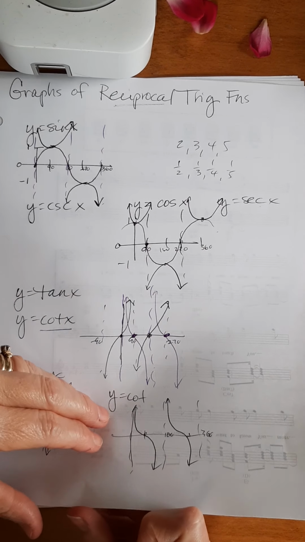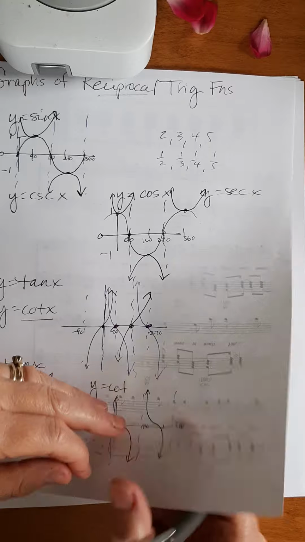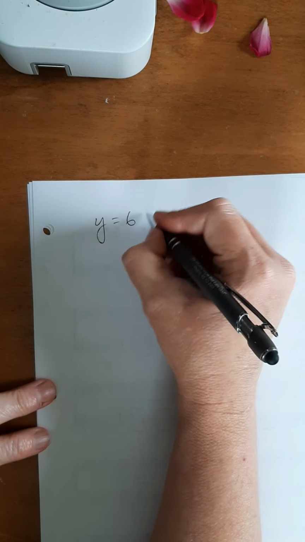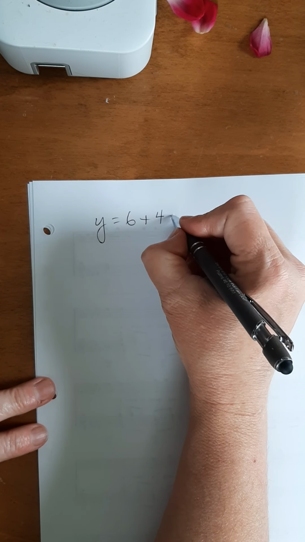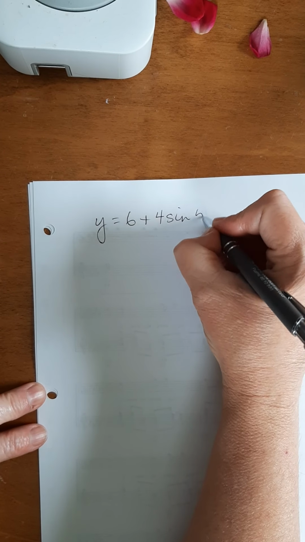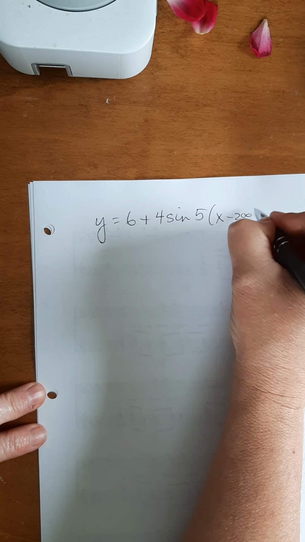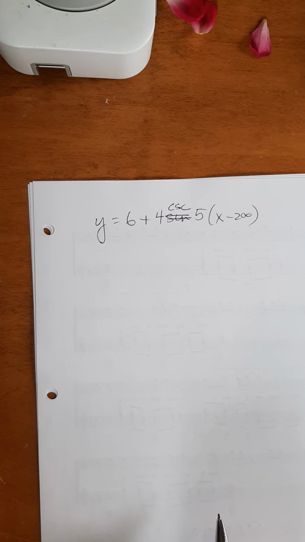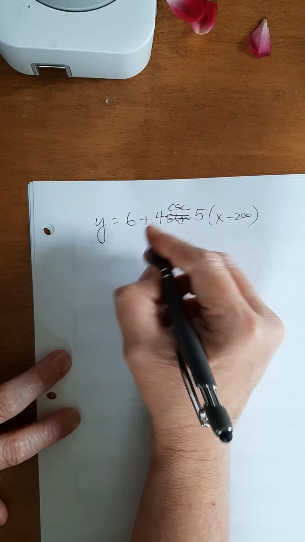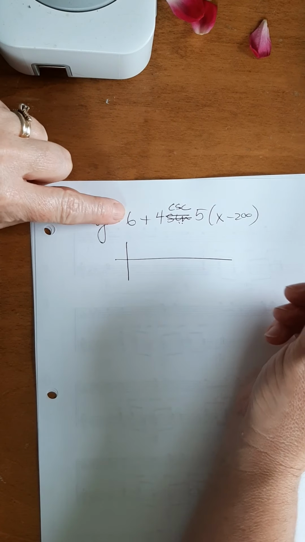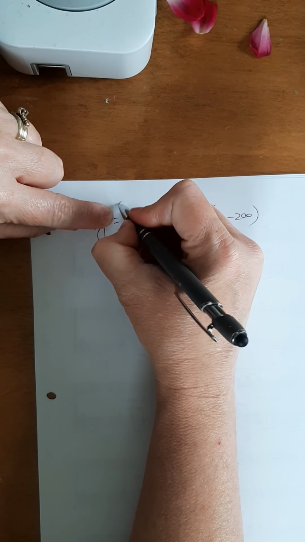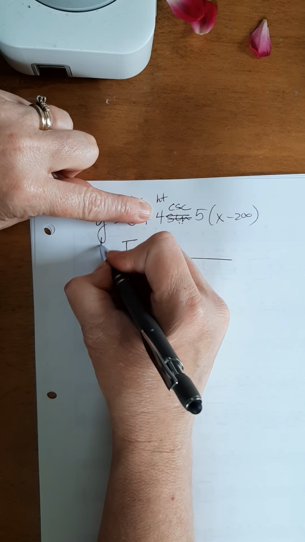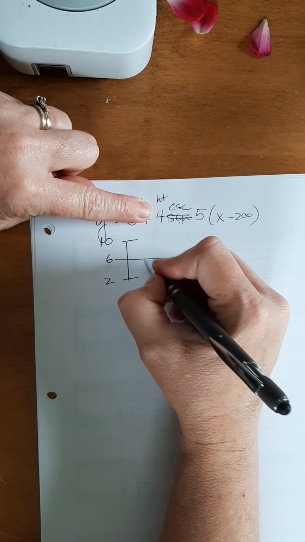Let's say you wanted to do a funky one like we were doing on sine and cosine, let's say it was 6 plus 4 sine of 5x minus 200. And let's say instead of sine, we wanted cosecant. Well, first you are going to graph sine. So center line of 6, amplitude or height of 4, so add 4, subtract 4.